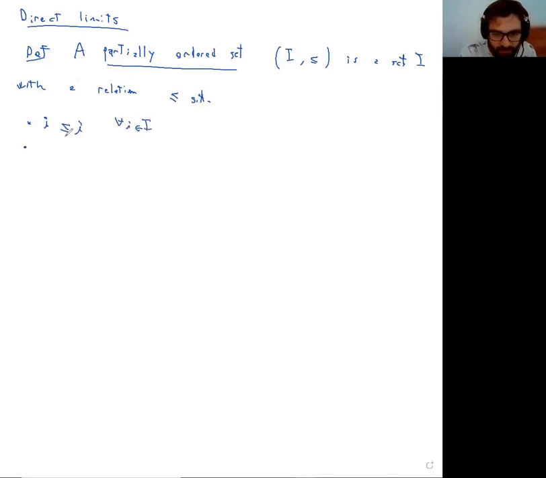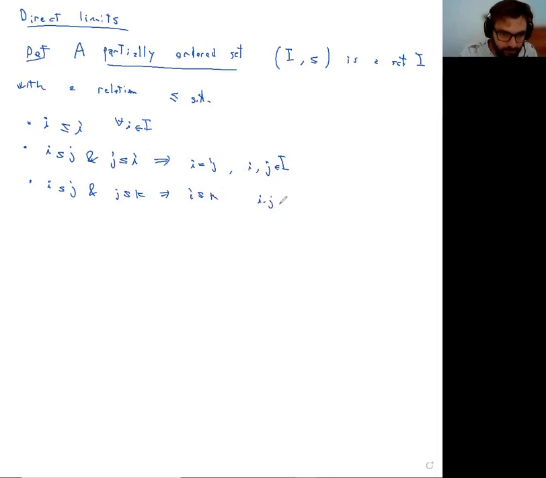And we say less or equal, but of course it doesn't mean less or equal in the usual sense. Then we have reflexivity. Then antisymmetry: if i is less than j and j is less than i, then i is equal to j. And then we have transitivity: if i is less than j and j is less than k, then i is less than k.